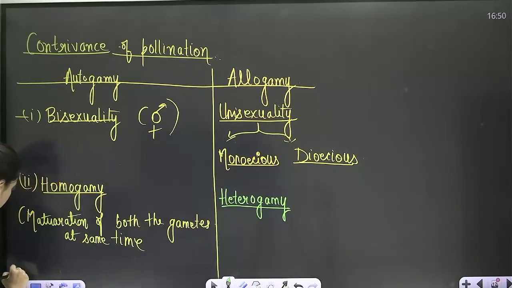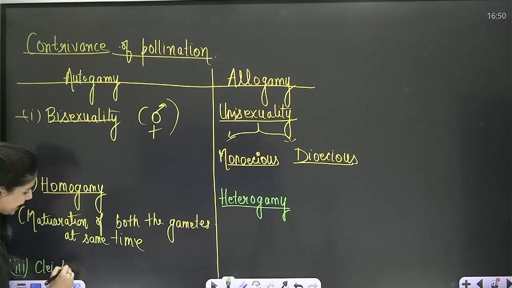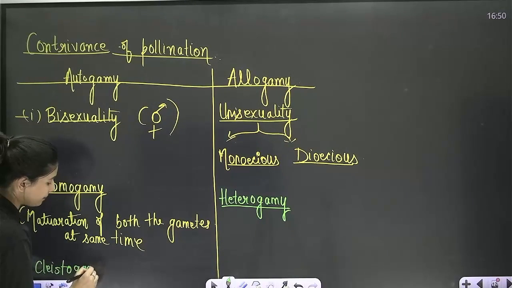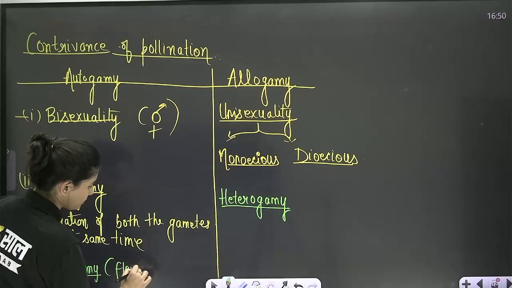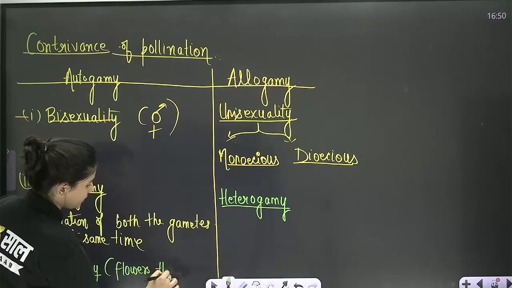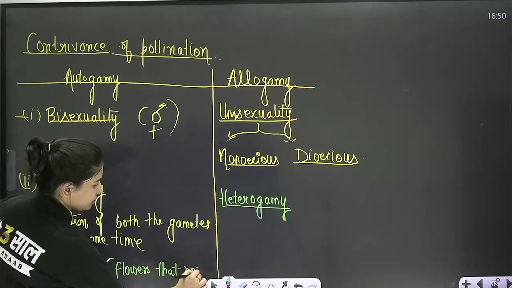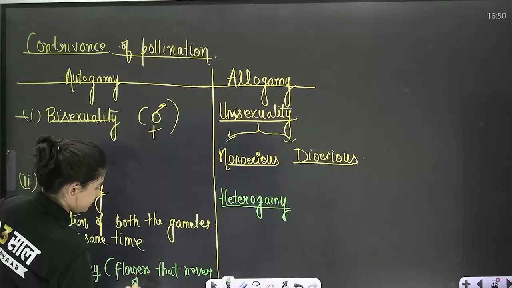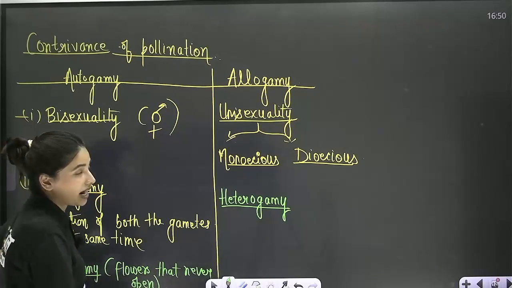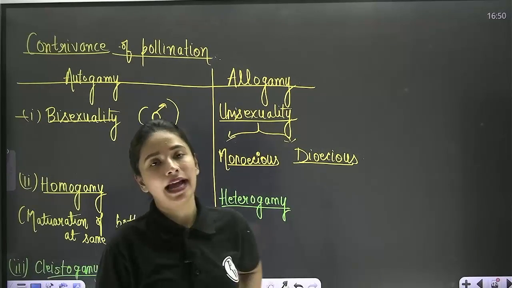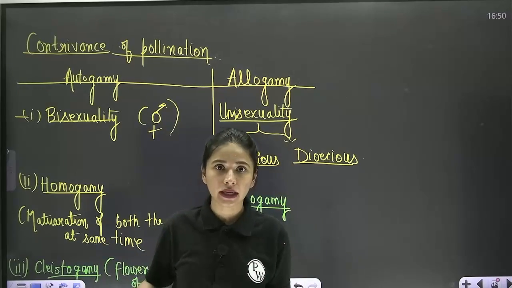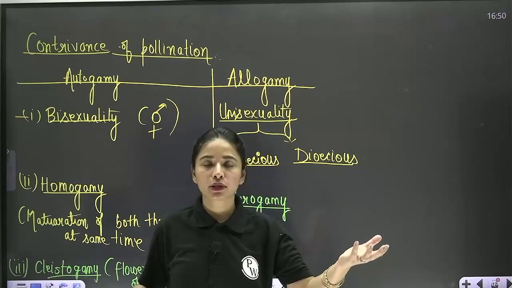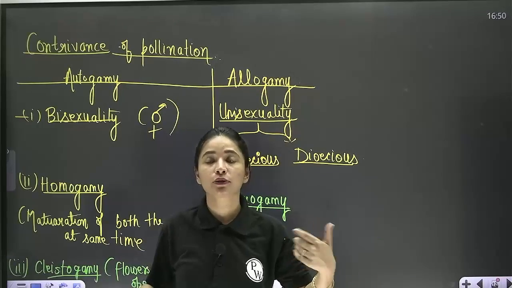The third condition which 100% assures self-pollination is cleistogamy. Cleistogamy means flowers which never open. This 100% guarantees self-pollination, because if the flower is not going to open at all, then how will the male gametes move out or how will outside gametes enter inside?